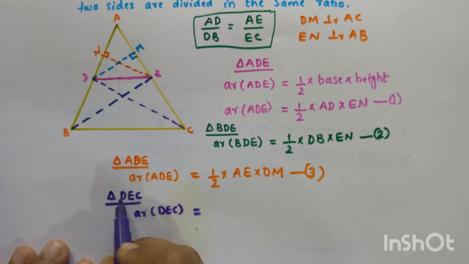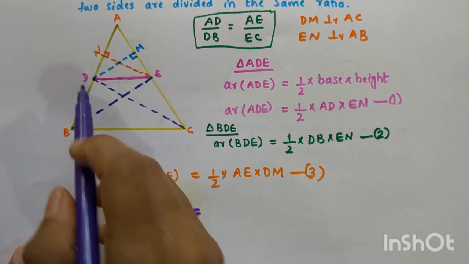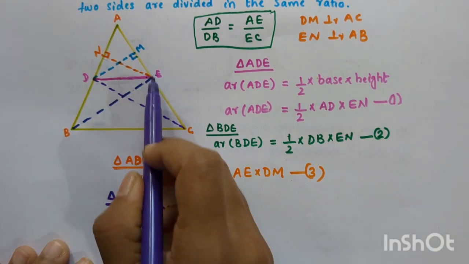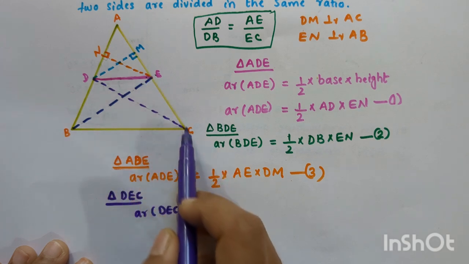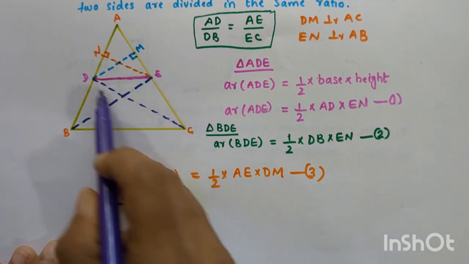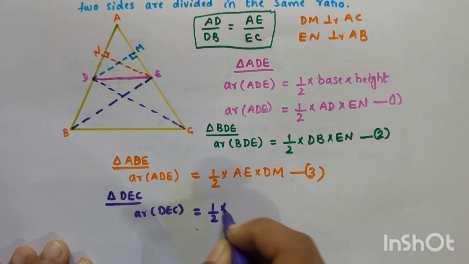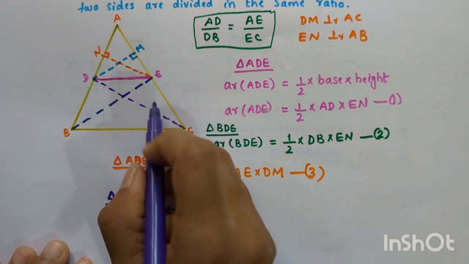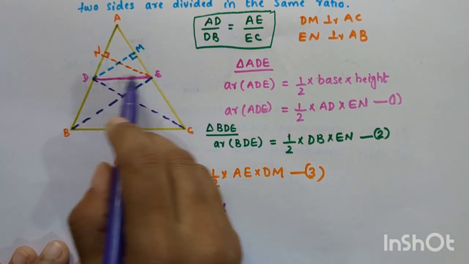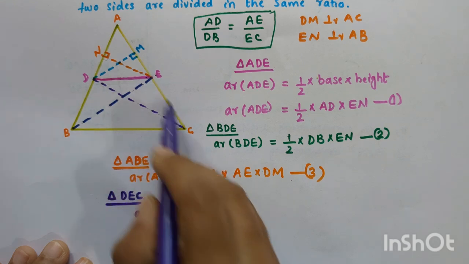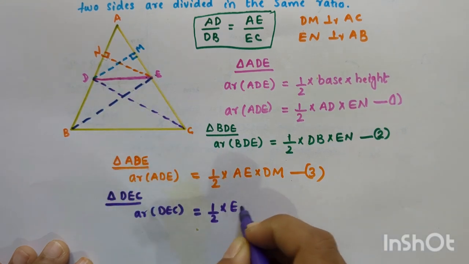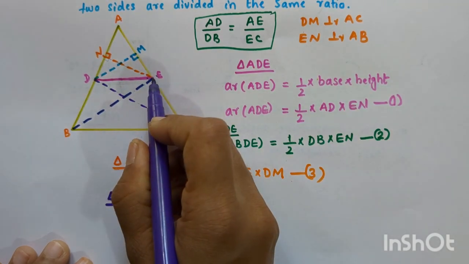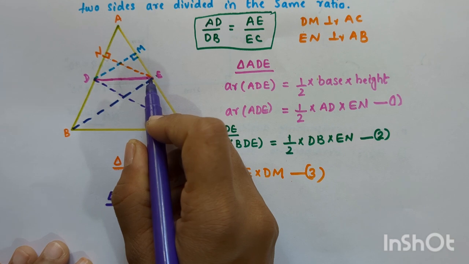Similarly, when you consider this triangle DEC, we are considering this triangle DEC. When we consider this triangle, its area will be equal to half into base into height. So half into, I am taking base as EC, so EC into height.